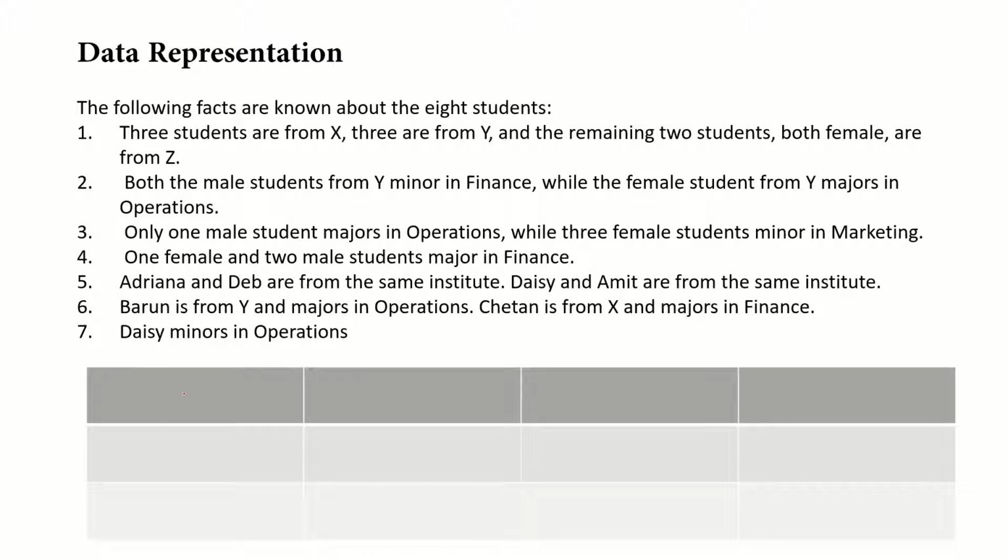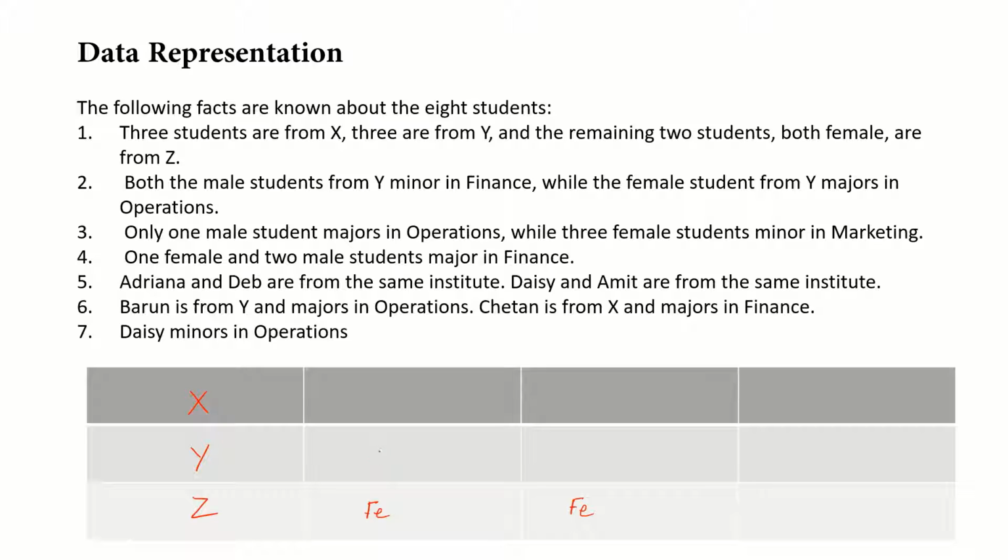So we have institute X, institute Y, and institute Z. Now, we had 2 female students in Z based on the data that is provided in point number 1. And from point number 2, we can say that both the male students from Y minor in finance.